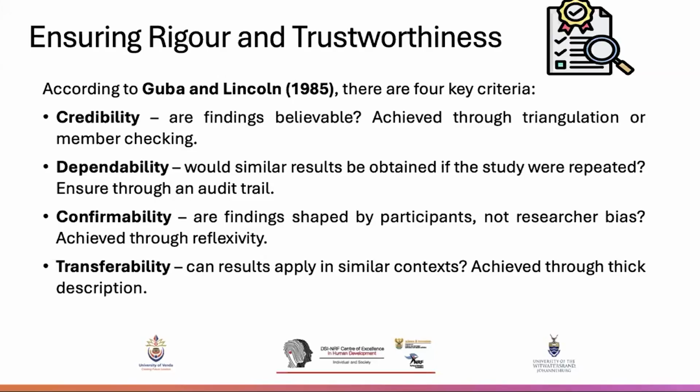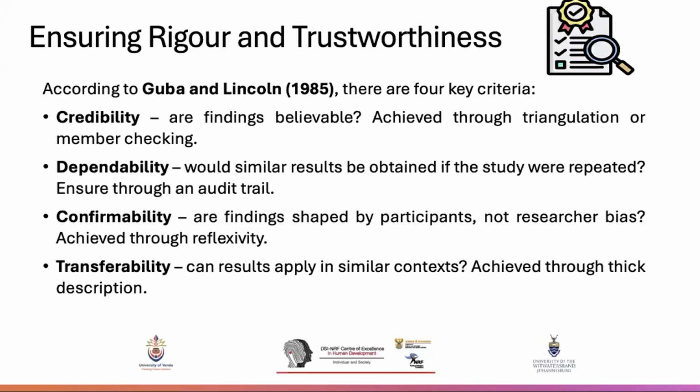An audit trail is a process of documenting each and every step of your data analysis, starting from your data collection: how your data was collected, who was involved, what their age was, where they were from, what was the reason for including them in the data collection.